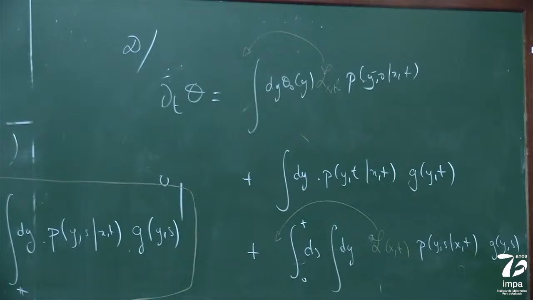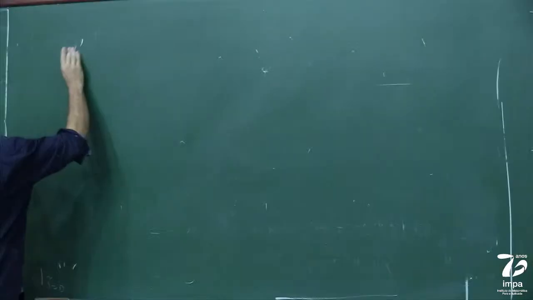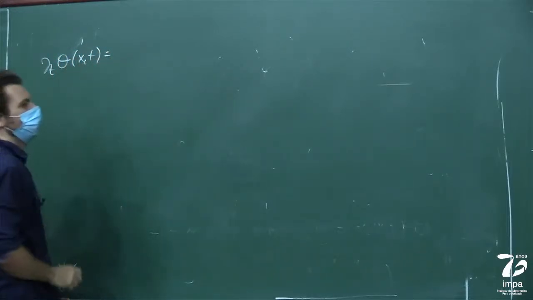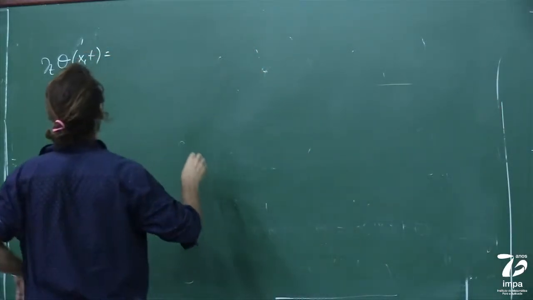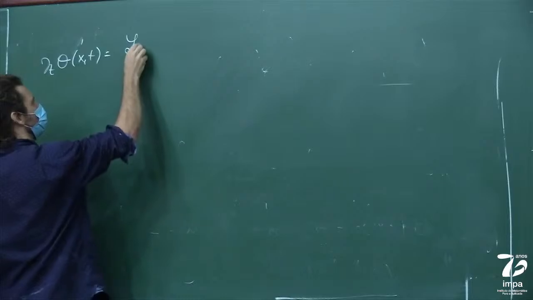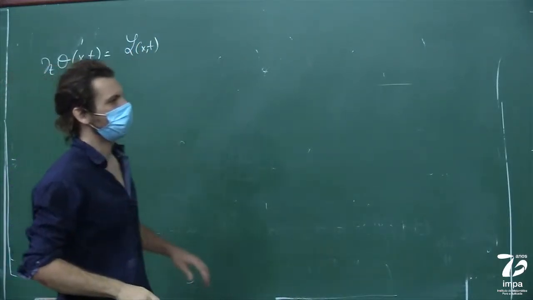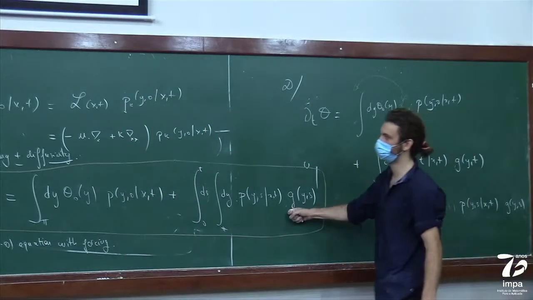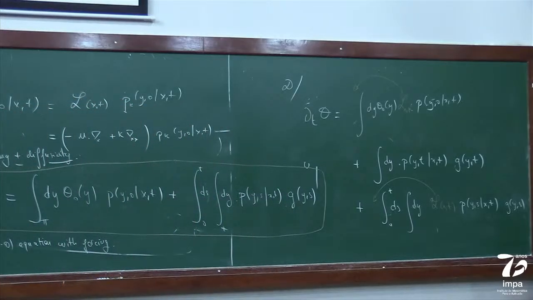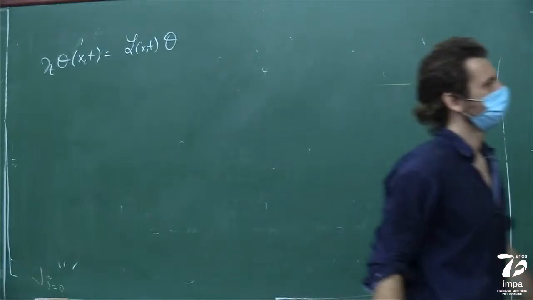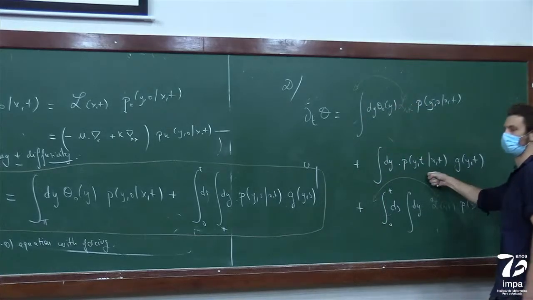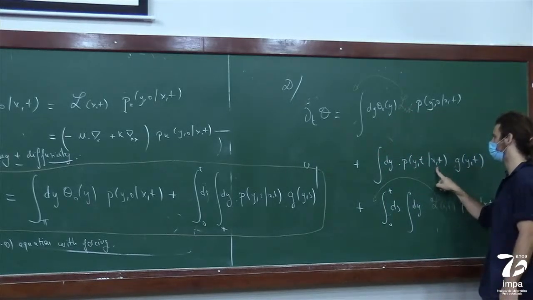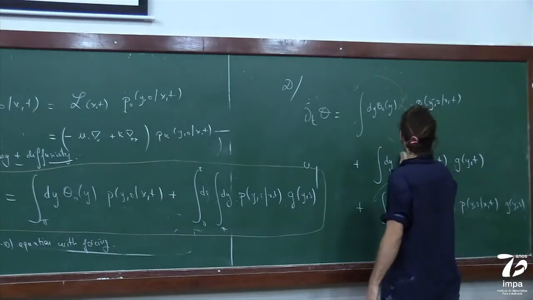So then we get that dt of theta of xt is equal to the L operator applied on those two pieces, which is exactly the definition of theta, plus this term here, with the fact that the probability to be at y, knowing that y is also at x at the same time, is a delta function.